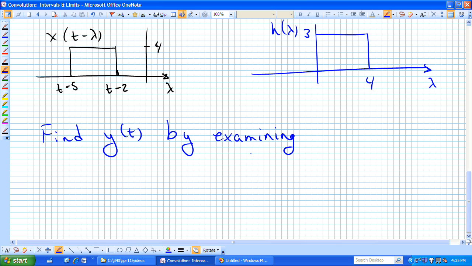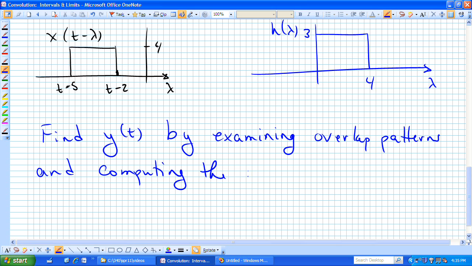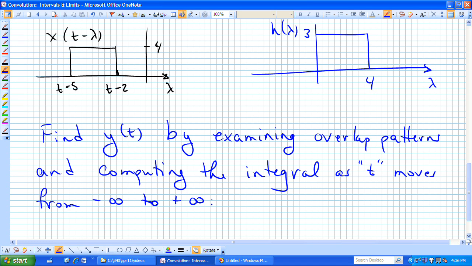So we're going to find y of t by examining overlap patterns and computing the integral as this parameter t moves from minus infinity, from the far left, to plus infinity or the far right.